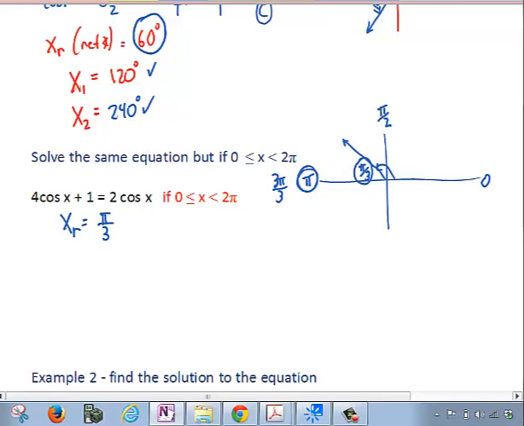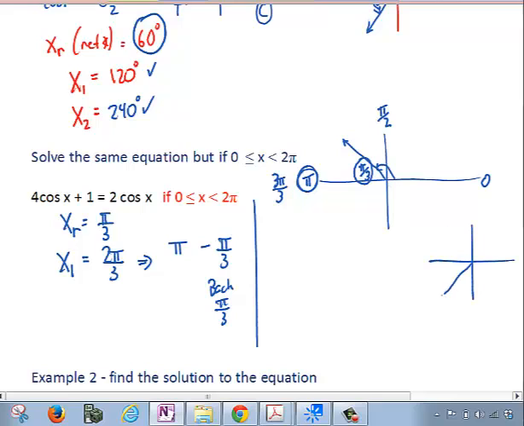You subtract pi over 3, so your first solution, the one in quadrant 2, is equal to 2 pi over 3. And that came from doing the subtraction of pi radians minus pi over 3 to go backwards, pi over 3 radians. So now my second solution is in quadrant 3.